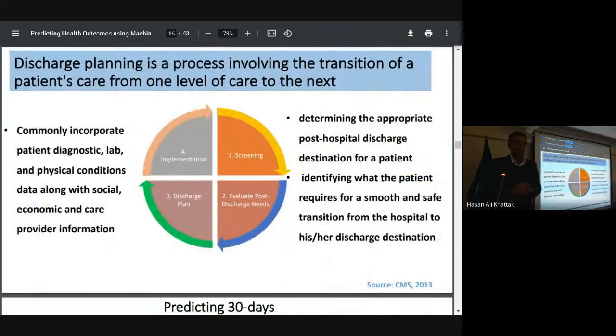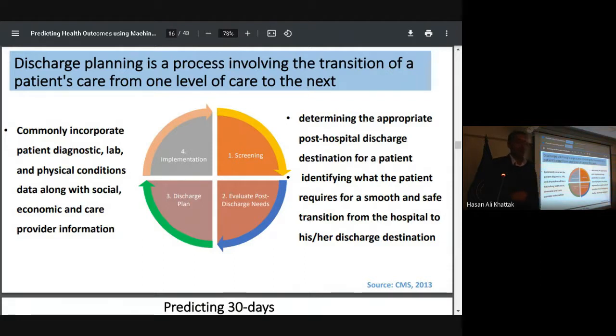The second point is to evaluate the post-discharge need: we identify what the patient requires for a smooth and safe transition from the hospital to the discharge destination, whether hospice or skilled care facilities.